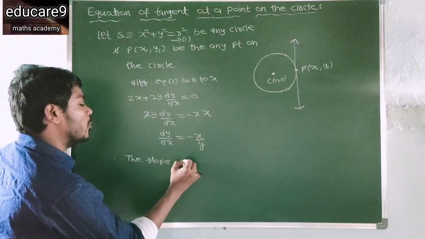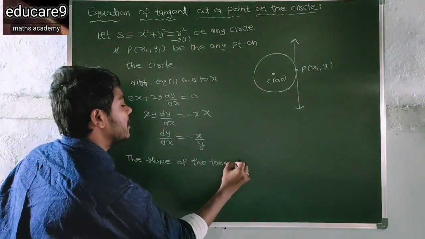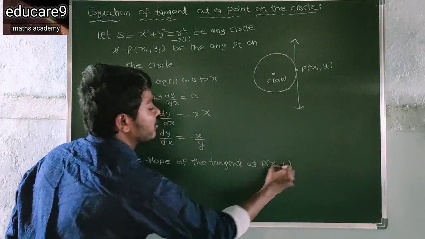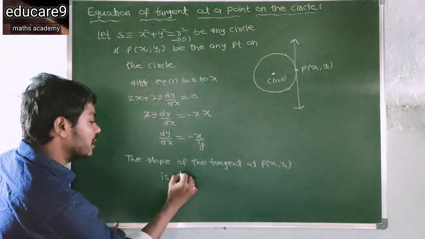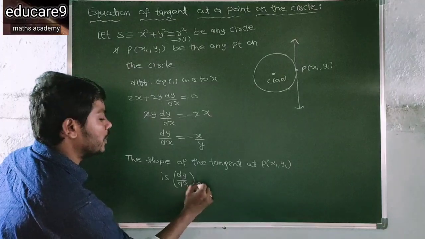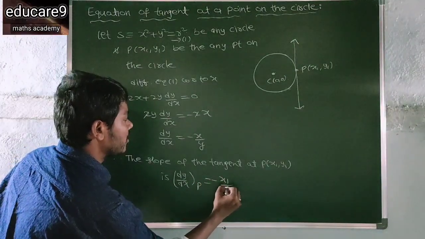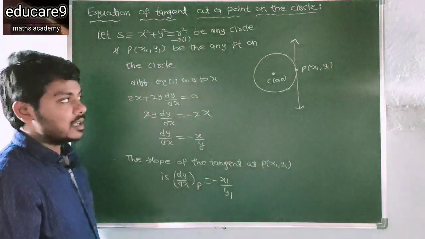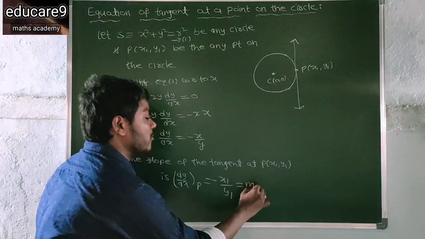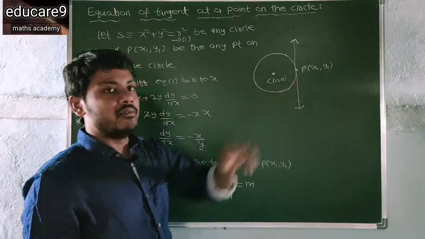Therefore, the slope of the tangent at point (x1, y1) is dy/dx at P, which is minus x1 by y1. Now clearly this line has the slope m equal to minus x1 by y1 and passes through point (x1, y1).